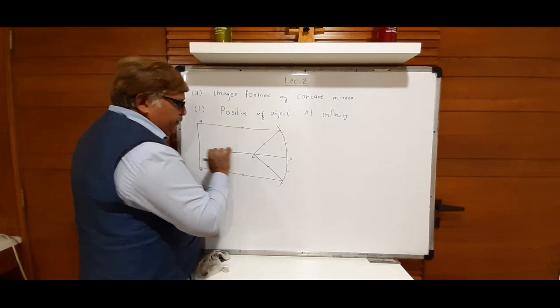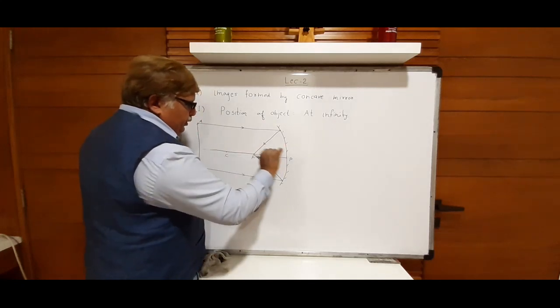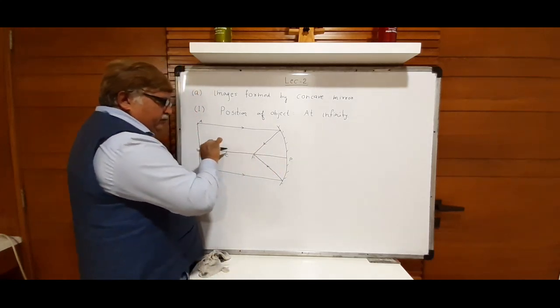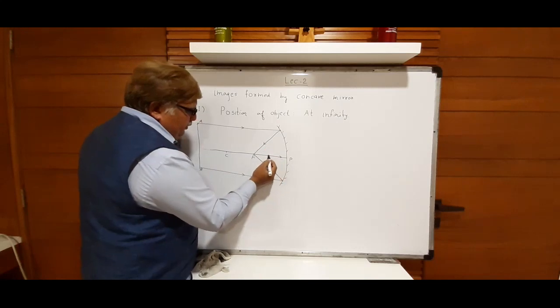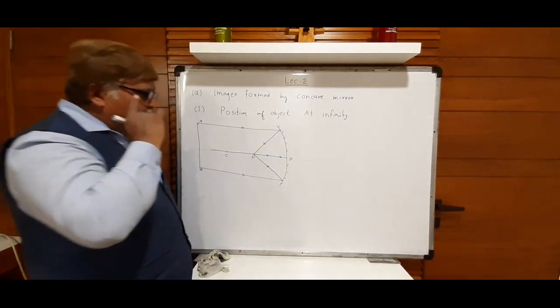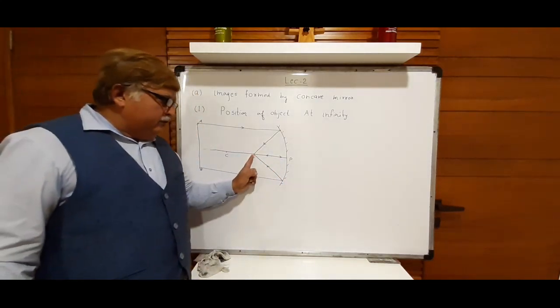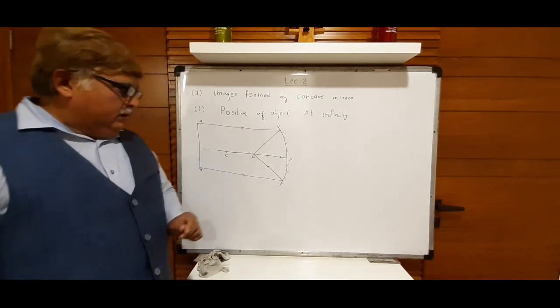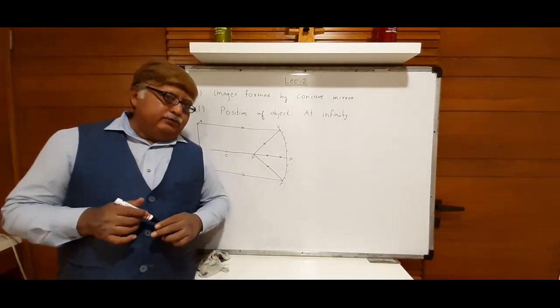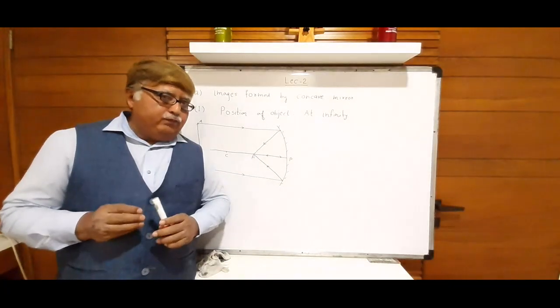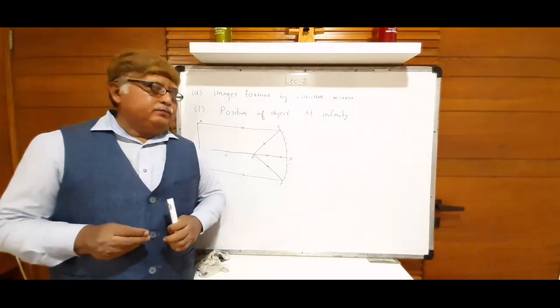Third ray, suppose I want to mention, just incident on pole, will return back. After reflection, all these three rays are meeting at a fixed position, that is at principal focus.